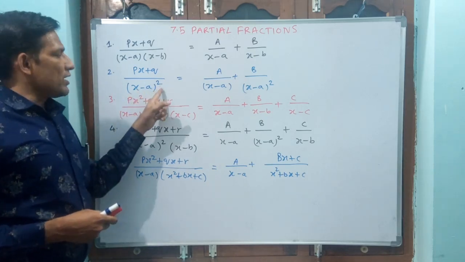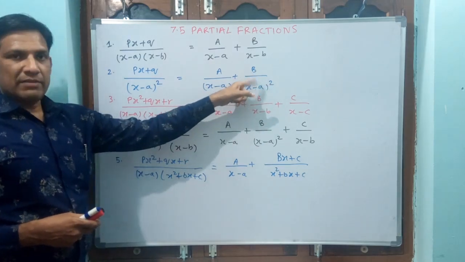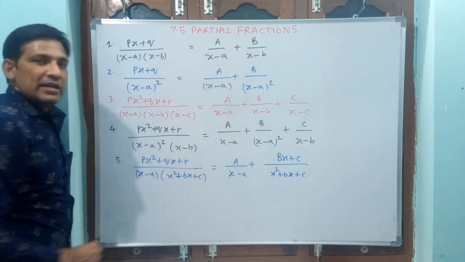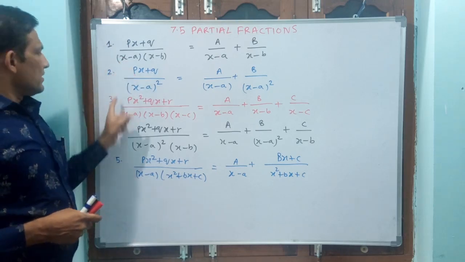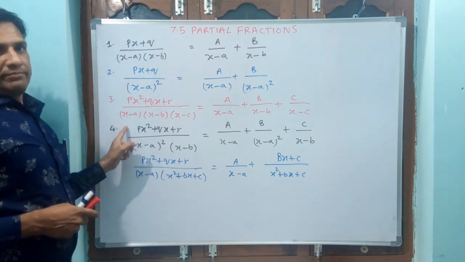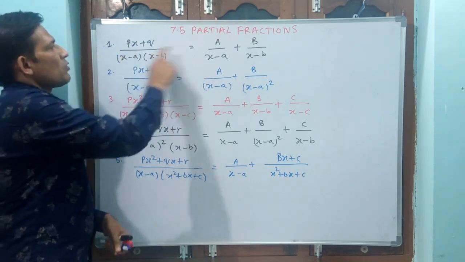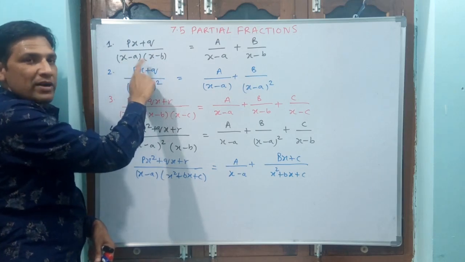X minus a square comes means x minus a one time, another x minus a square another time, b by. Okay? If you compare these two, you are going to understand very easily. Why? Because see here, linear by quadratic, quadratic by cubic. Linear by quadratic, quadratic by cubic. Linear numerator, okay, only 2 terms will come because the denominator is quadratic.